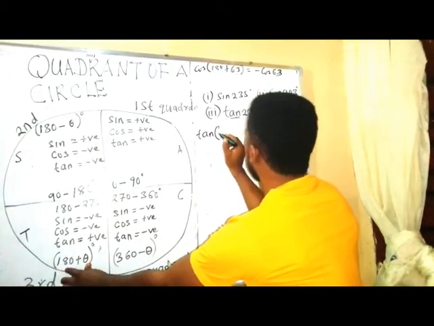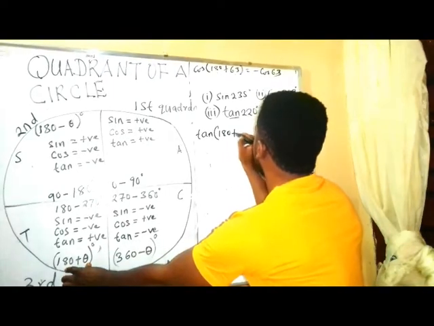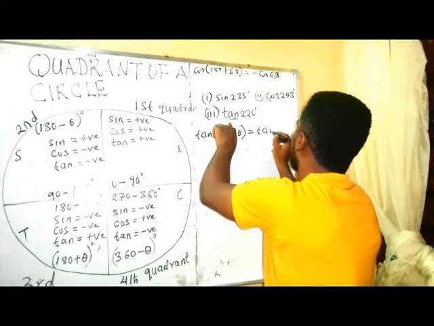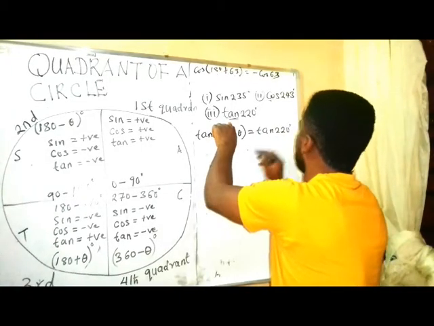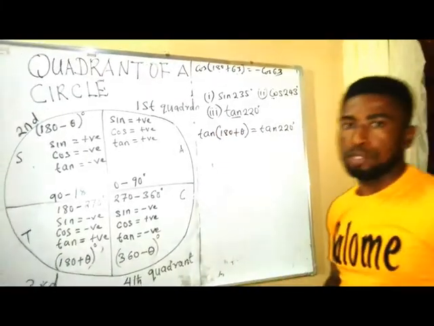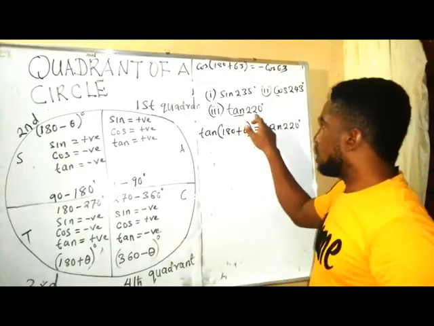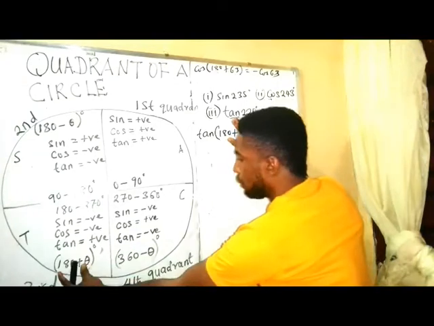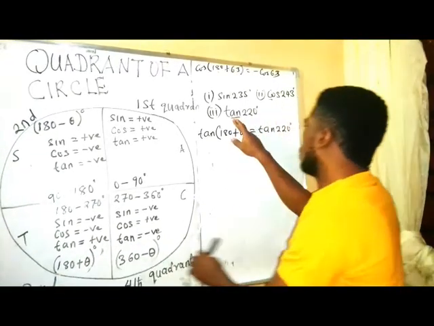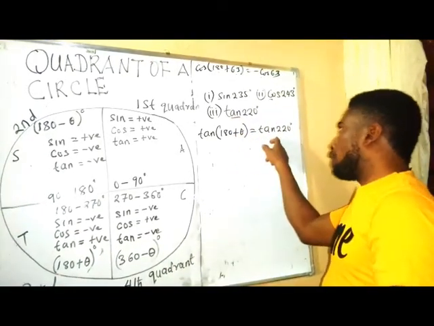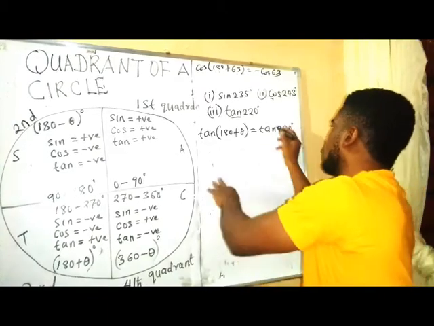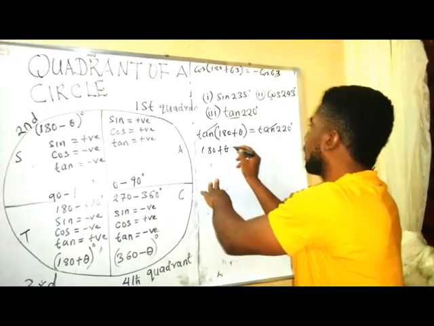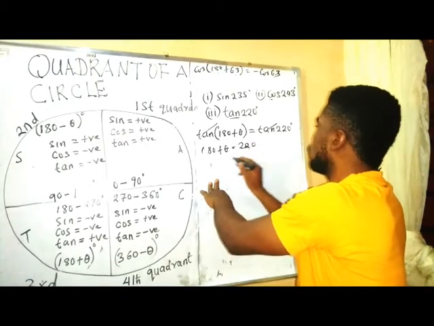Since the question is talking about tangent, I say tan of this range of angle, 180 plus what angle will give me tan 220 degrees. So 180 plus theta will give me 220.